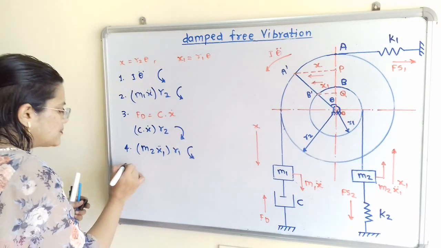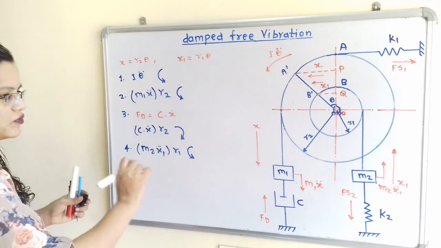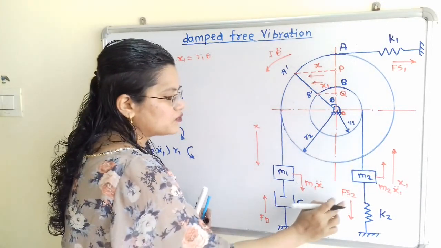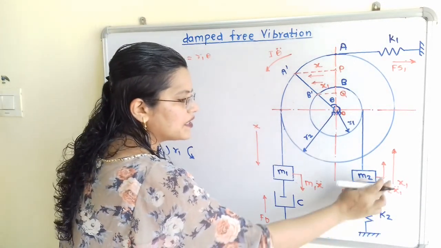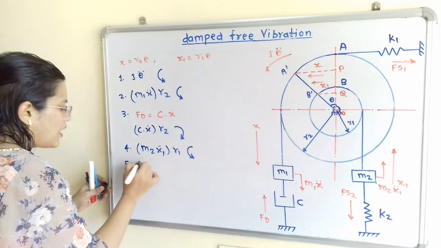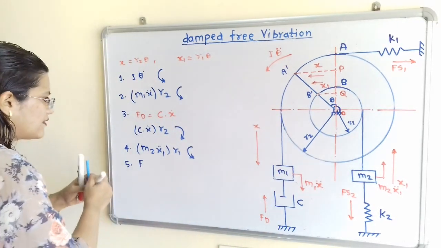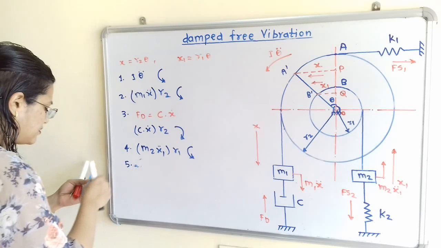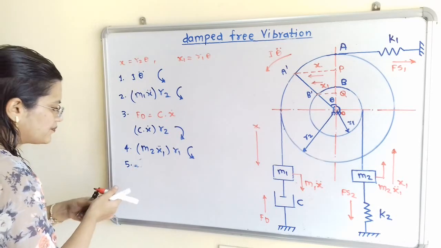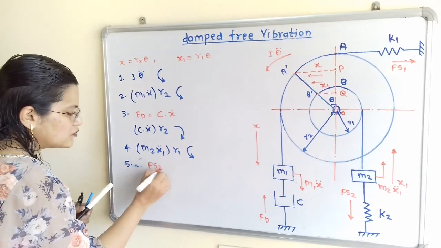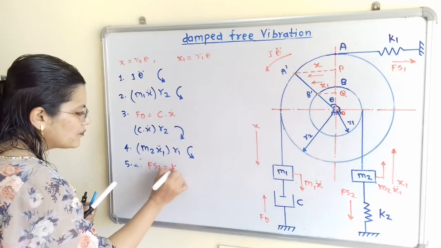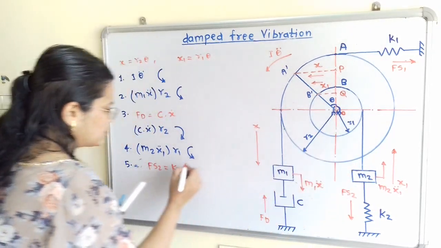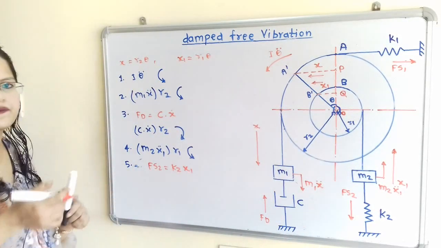Now we will move to the spring force, that is Fs2. So how to define this Fs2? That is the stiffness multiplied by displacement. So I will write here Fs2 with the red marker. Fs2 is equal to K2 and displacement is x1. So I will write K2 x1.